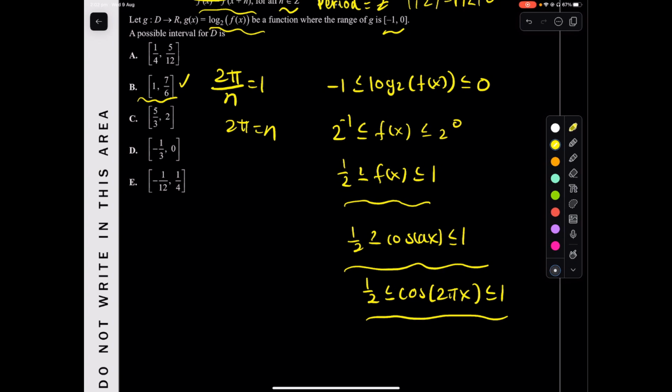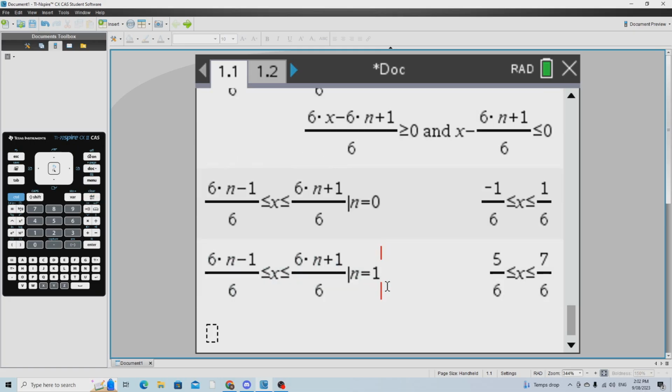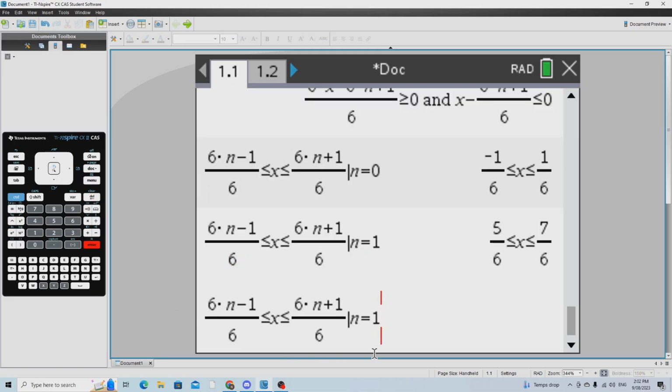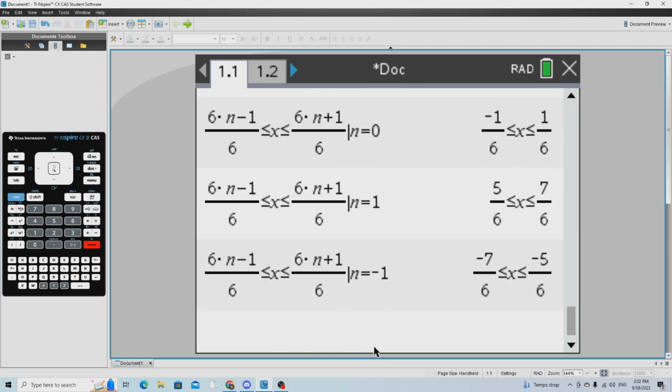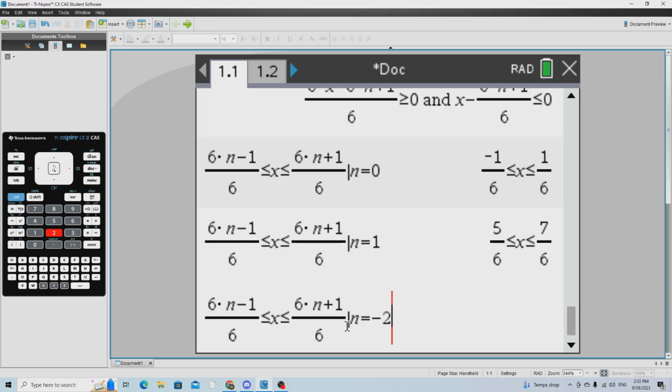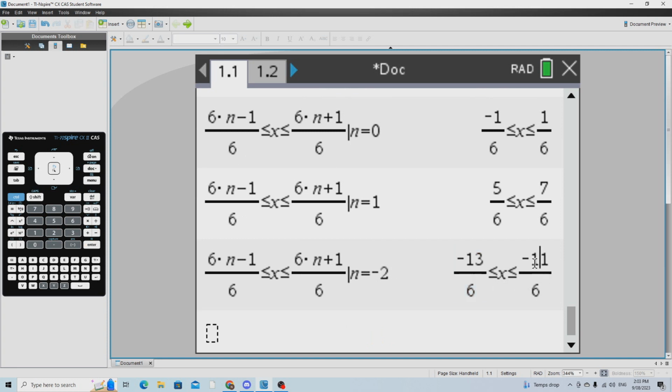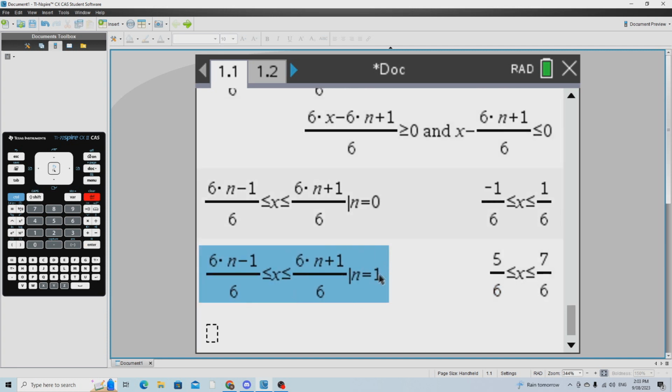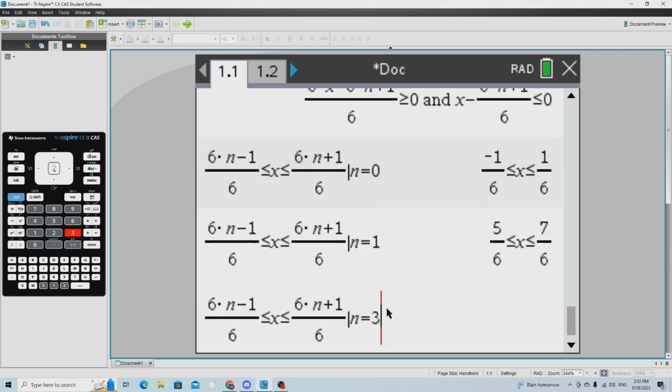Let's try other values. So negative 1. Let's try negative 1 now. Negative 7 over 6. Okay, there's nothing that has two negatives. If we put negative 2, it's just giving us both negatives, which is wrong. So we can only have positive n.